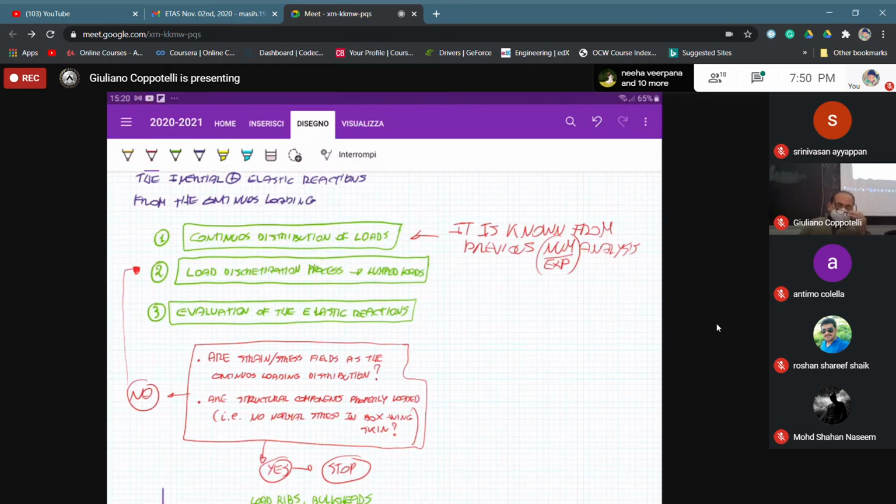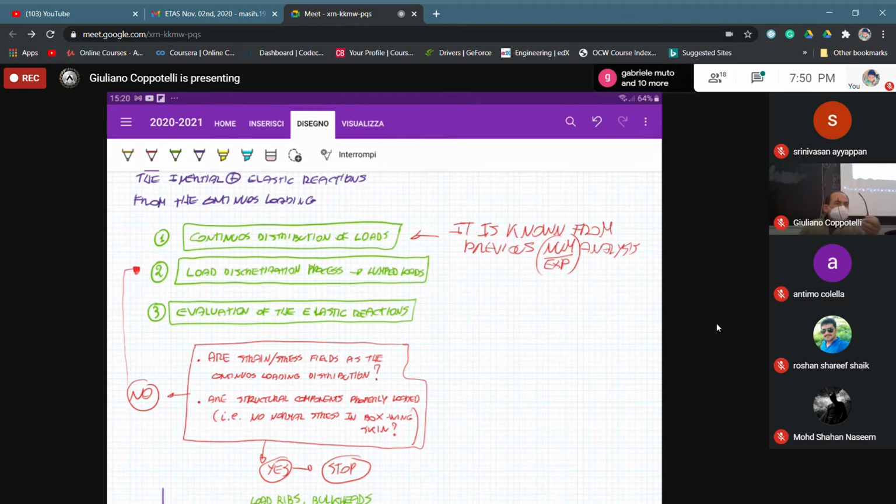That is the loading that you know from previous analysis that led you to the evaluation of the flight envelope, and to the evaluation of the limit and ultimate load test factor. So you know that. The question is, how can I excite my structure using only some points instead of all the continuous points that I got from the numerical analysis? So you get some positions, you get some values of the loads, and then you assess the result.